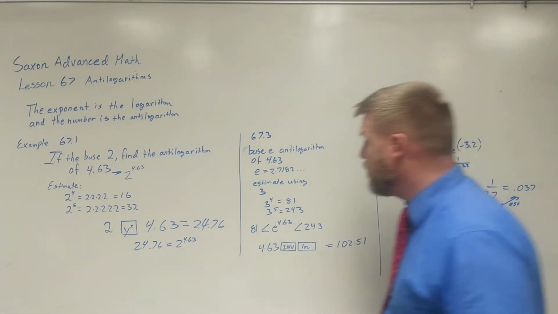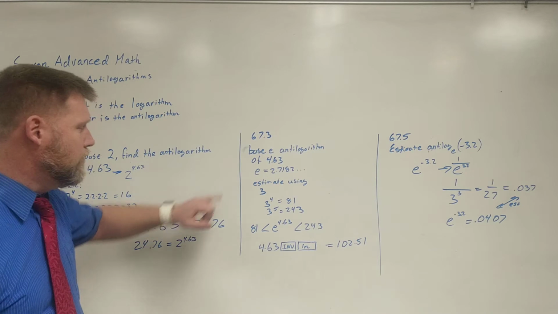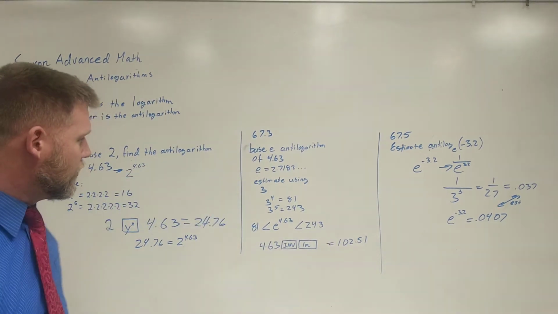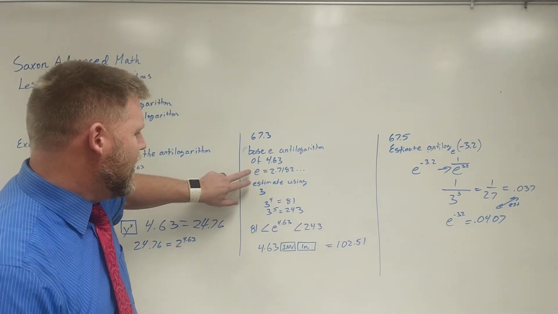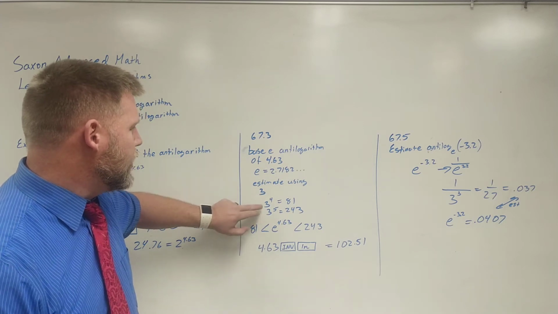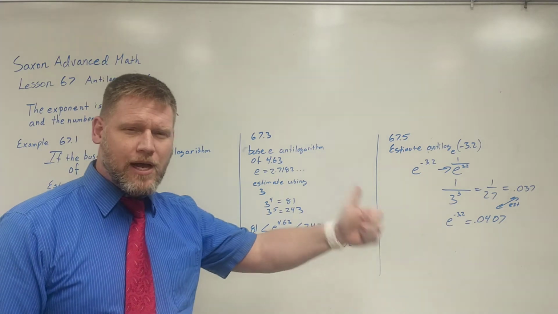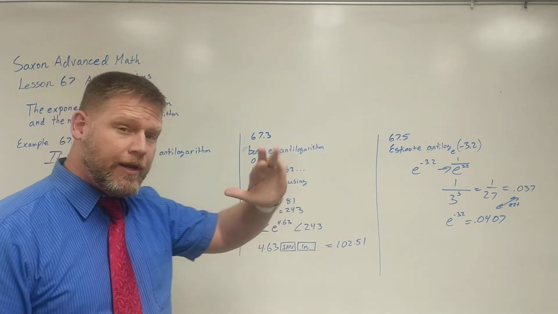Now look at 67.3 here. Base e, antilogarithm of 4.63. Well, we can do this. Remember what e is, 2.7182. The book is going to point out this number is really close to 3, so we're going to estimate using the number 3. We're going to say 3 to the 4 and 3 to the 5. Well, 3 to the 4 is 3 times 3 is 9, right? That's 2 of them. Times 3 is 27, times 3, 81. Times 3 again, 243.